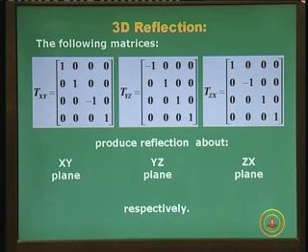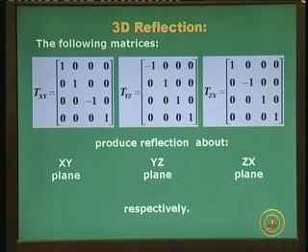If you look at the nature of the matrix in each of these cases, it is actually close to an identity matrix, not equal to an identity matrix, but except one of the unit values in the diagonal elements is made negative from +1 to -1, all others are +1.